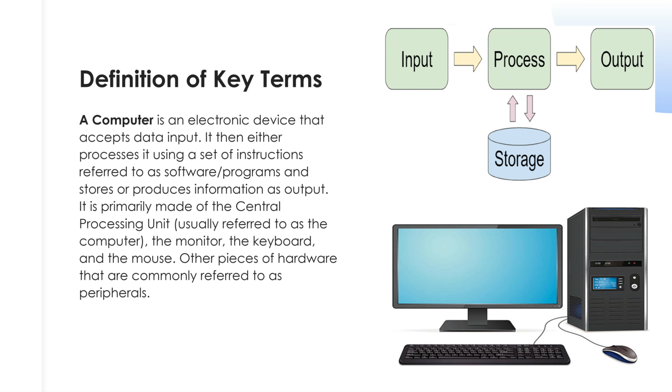Then we have others: the monitor, the keyboard, and the mouse down there. Everything else connects to it. We have other ones that are not there: the printer, a flash disk, a webcam. All those we call peripherals or peripheral devices, which we will define properly in a minute.